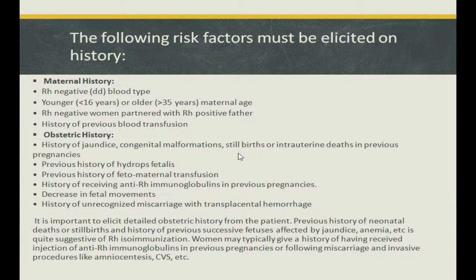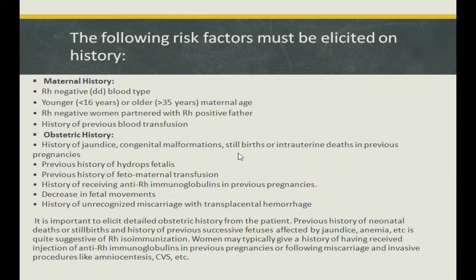History of unrecognized miscarriage with transplacental hemorrhage. These are maternal and obstetrical risk factors which have to be recognized exactly in the patient history, and these are presented according to the most useful protocols.